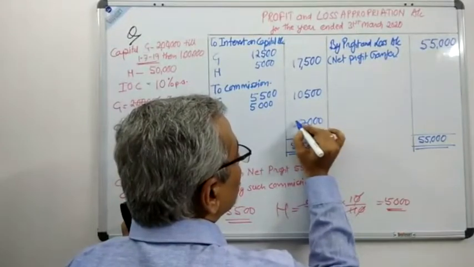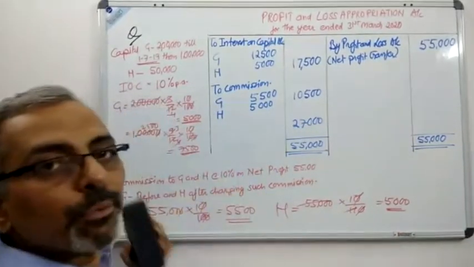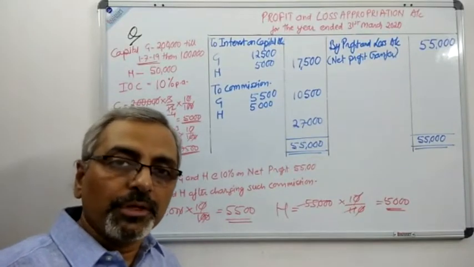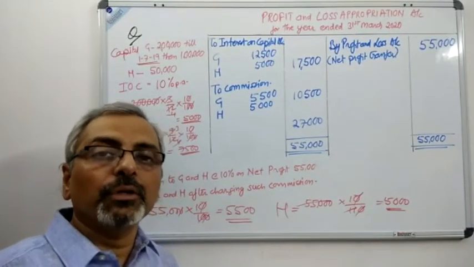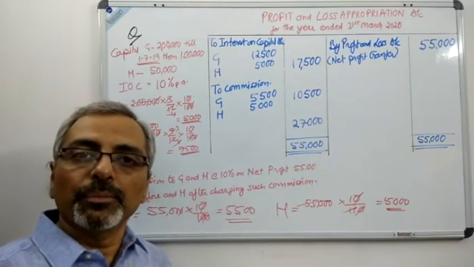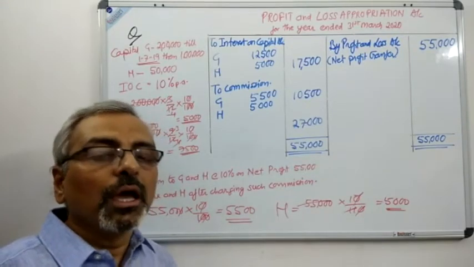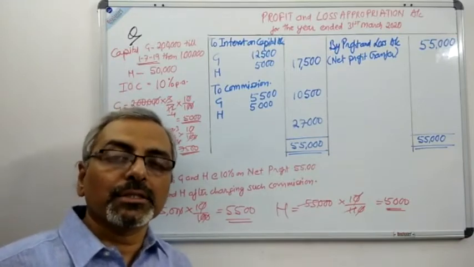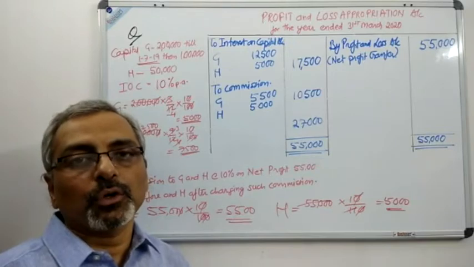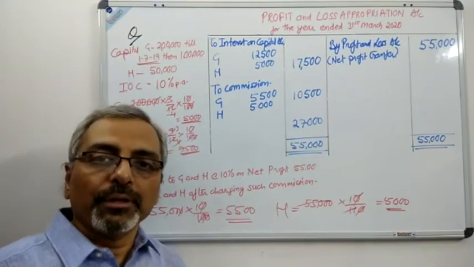So 27,000 is the net distributable profit that will be distributed among the partners and transferred to the capital account, which we'll prepare very soon, and I'll explain in my next lectures how the figures are transferred from the profit and loss appropriation account to the capital account.